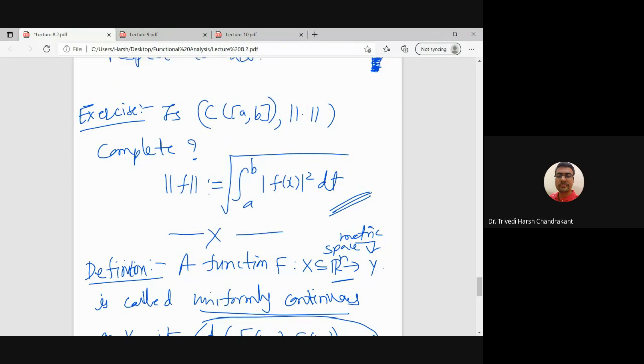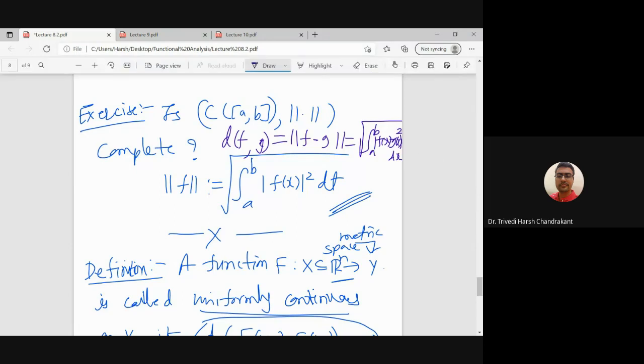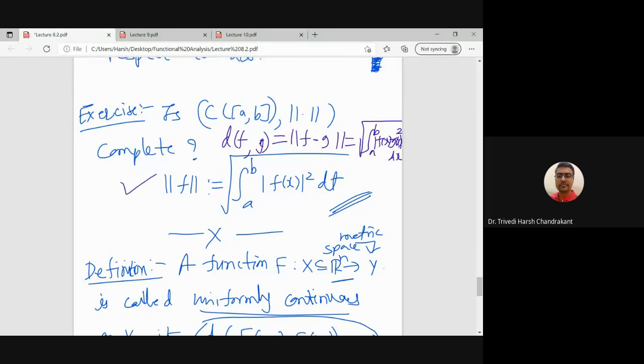The distance of f with g is the norm of f minus g, and that is essentially the square root of the integral from a to b of (f(x) minus g(x)) squared dx. So with respect to this metric, whether this is a complete metric space or not. It is easy to work with the norm in this case.